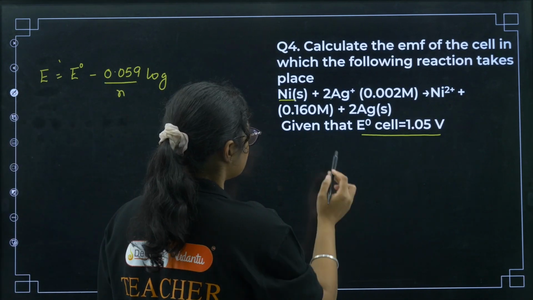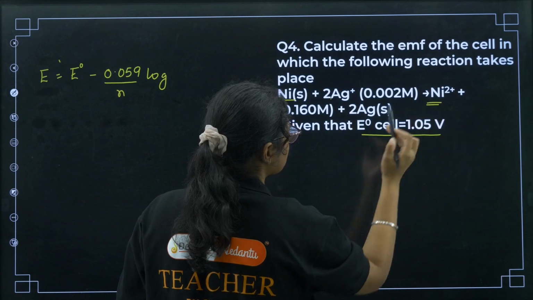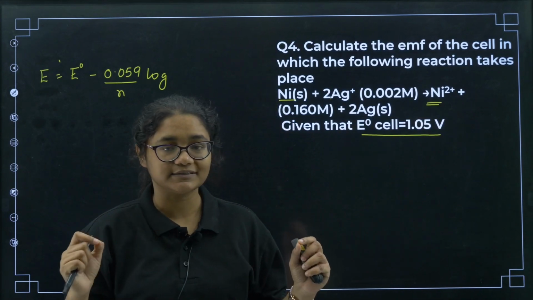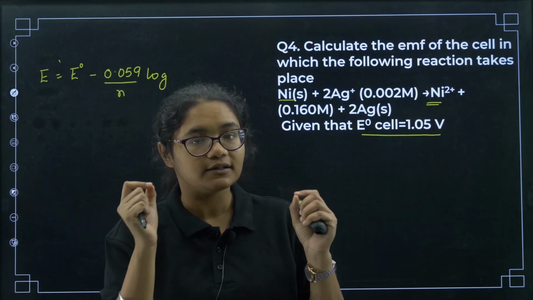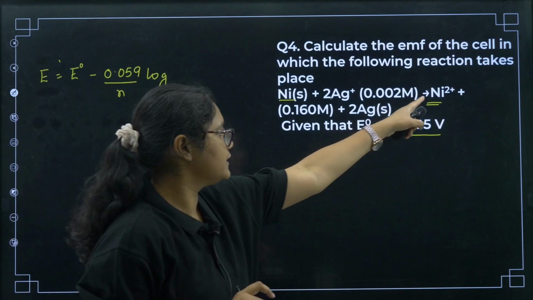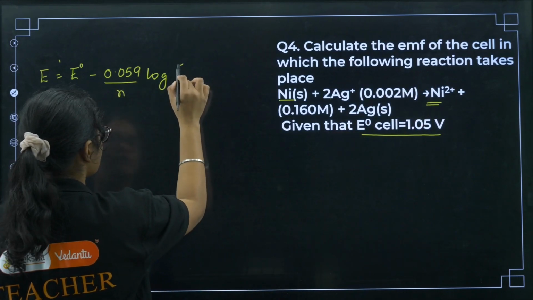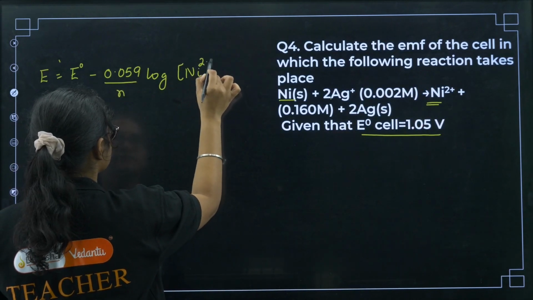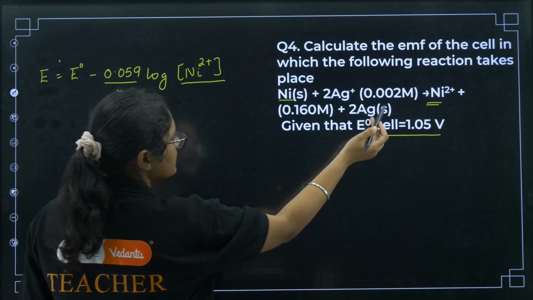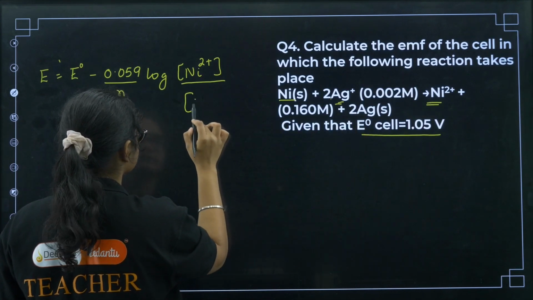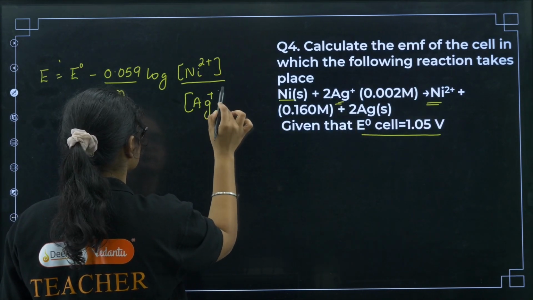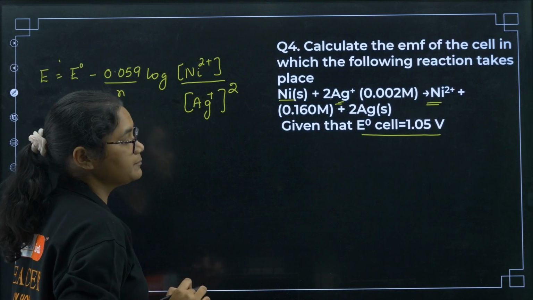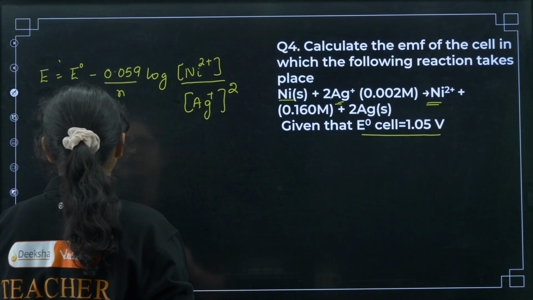On the product side, nickel is the ion. In the Nernst equation we always consider the ions only, right? So nickel is an ion here, so that is log of Ni2+ divided by silver, Ag+ squared.